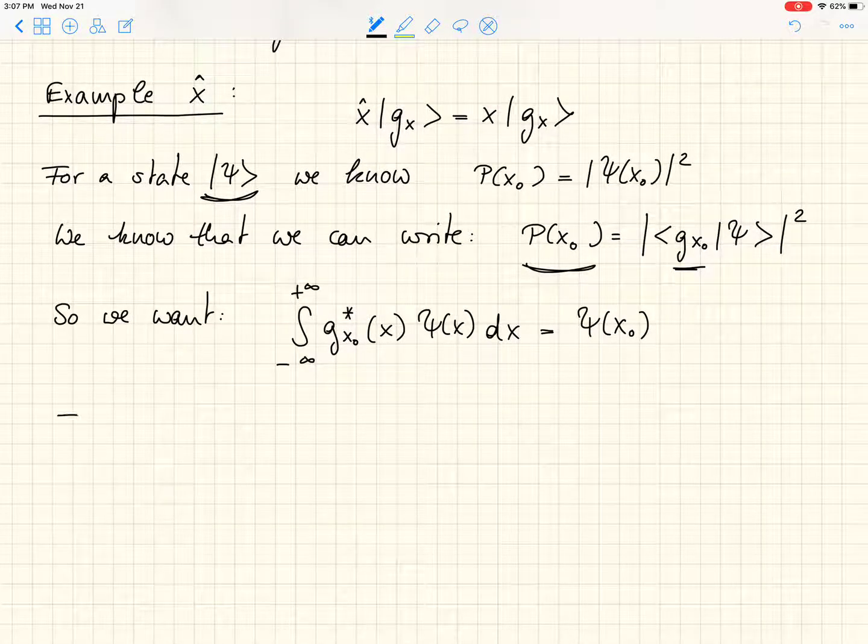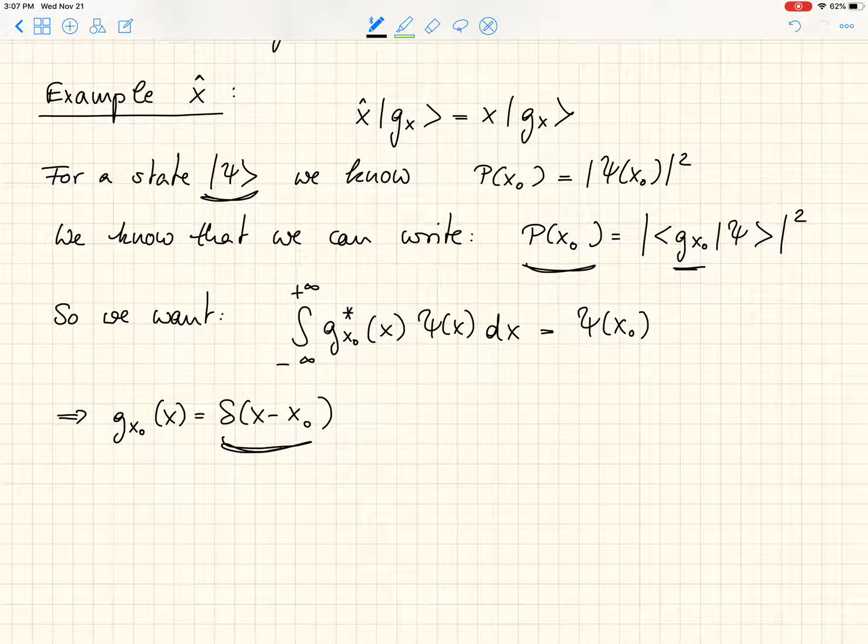And looking at this, the function that would fulfill this is the Dirac delta function in real space. And this kind of makes sense, since the Dirac delta function is really a function that corresponds to a definite position.